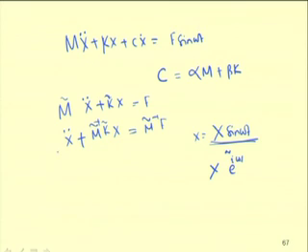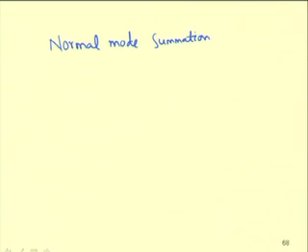Otherwise, one can first find the free vibration response of the system, then for steady state consider the force part of the system. One can use this normal mode summation method if one wants to reduce a very high degree of freedom system to a lower degree of freedom system.